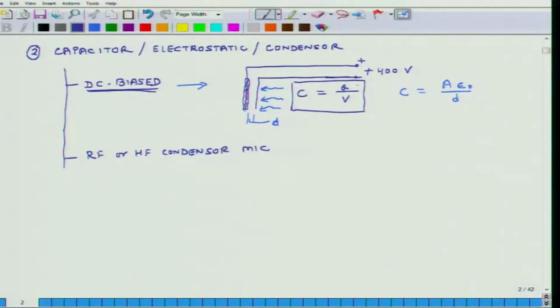So what happens in this case? In the first case we were applying a pretty constant DC bias voltage across the two plates.